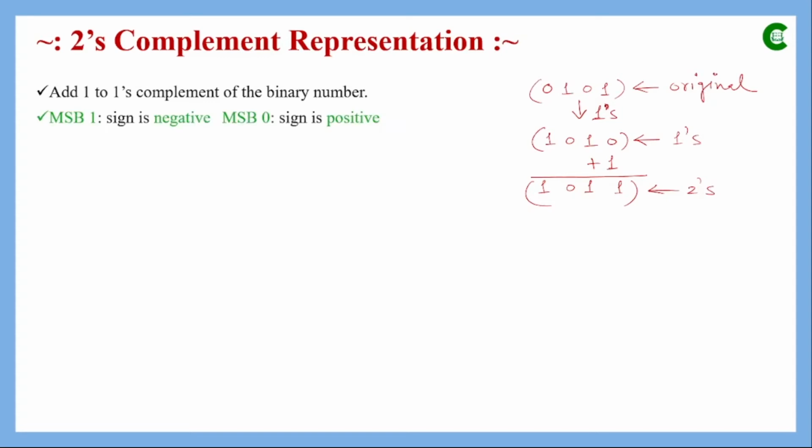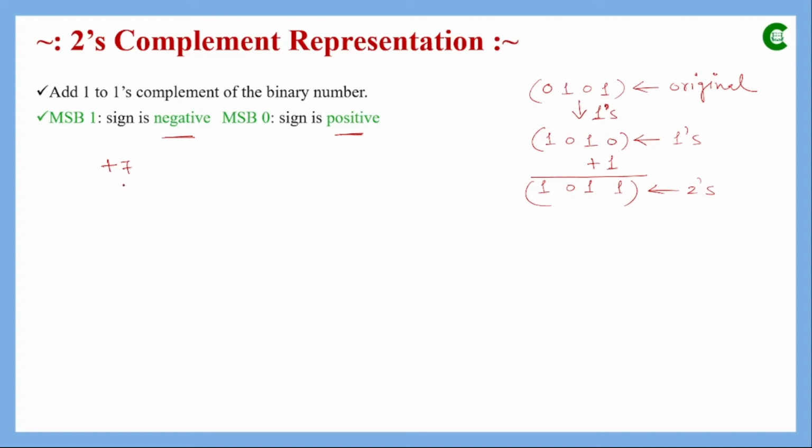Here also the MSB is reserved to represent the sign of that number, and the concept is the same. If the MSB is 1, then the sign is negative, and if the MSB is 0, then the sign is positive. If the number is a positive binary number, then the 2's complement representation of that number will be the same as the binary representation of the original number.